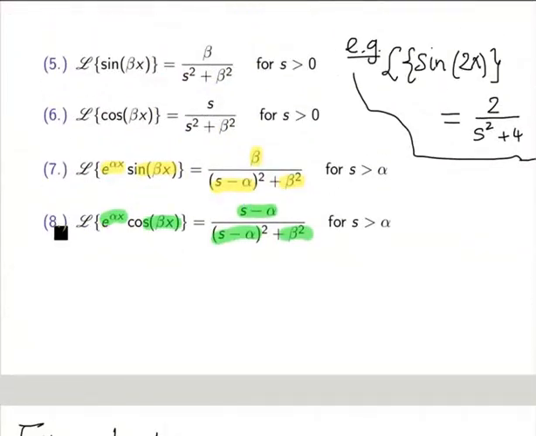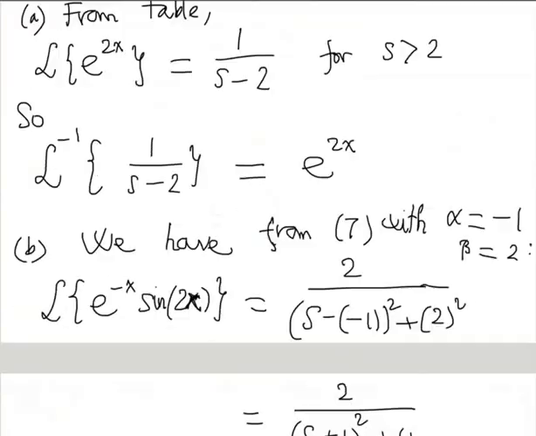For the cosine, that's formula 8, s minus alpha divided by (s minus alpha) squared plus beta squared. And for the sine, I have formula 7. But careful, formula 7 has the beta in the numerator here. So here we don't have the beta. So we need to divide the answer right here by beta.